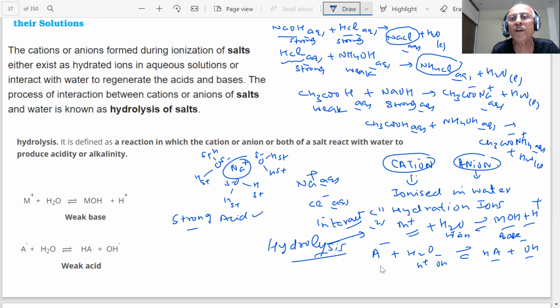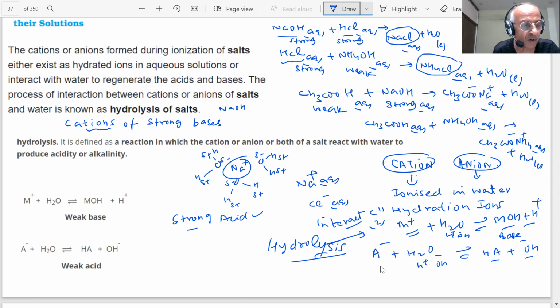In the salt, student, you have a cation and you have an anion. It will be found that the cations of strong bases, what I'm saying? Cations of strong bases. What are the strong bases?